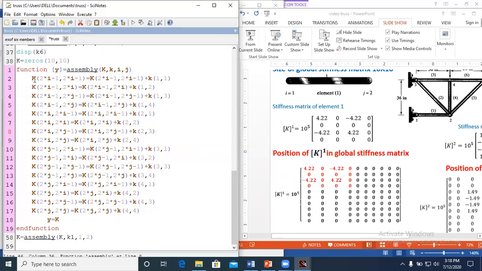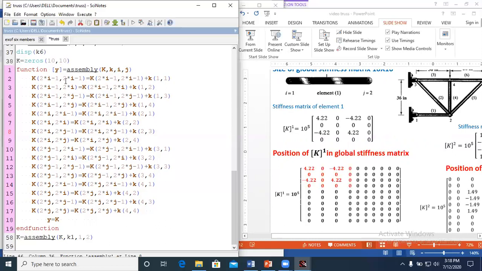Now first one, K of 2i minus 1 comma 2i minus 1. Here i is 1, so this becomes K11.